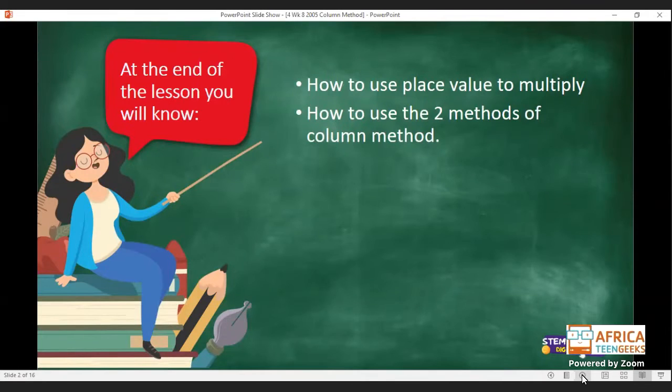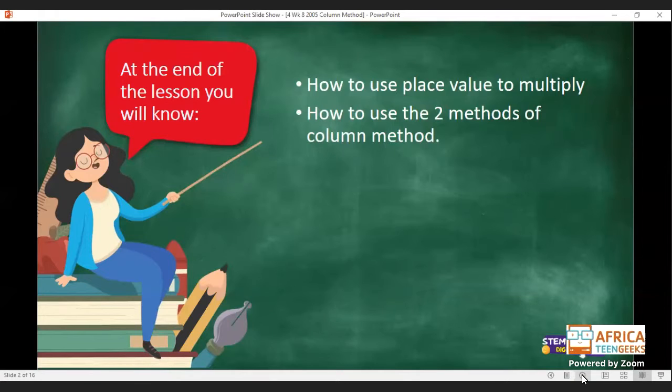So today we are doing multiplication using the column method. By the end of the lesson, you're going to know how to use place value. Remember yesterday when we were doing breaking down, I said your prior knowledge is what you come in knowing. You had to come in knowing rounding off and expanded notation so that you understand the whole concept. Today, you have to come in knowing place value.